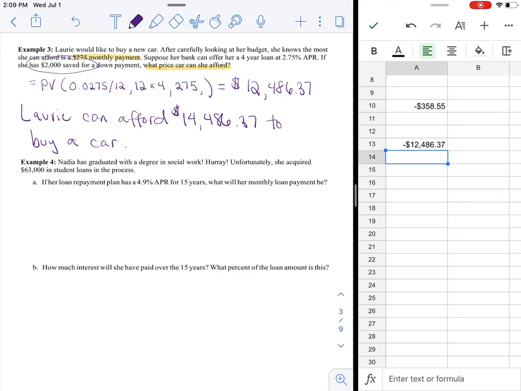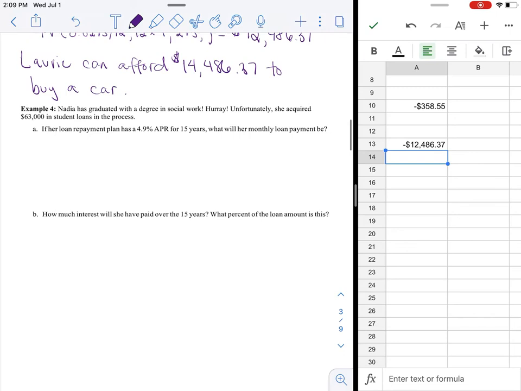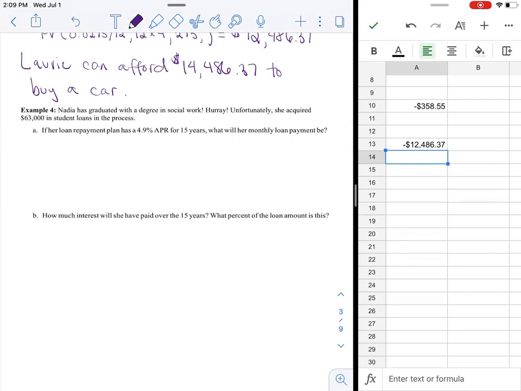Okay, our next example. Nadia has graduated with a degree in social work. Hooray! Unfortunately, she acquired $63,000 in student loans. So A, if her loan repayment plan has a 4.9% APR for 15 years, key thing, make sure you realize, what will her monthly loan payment be?